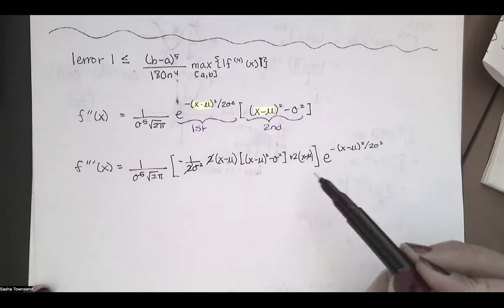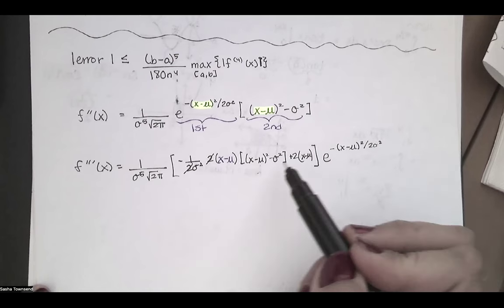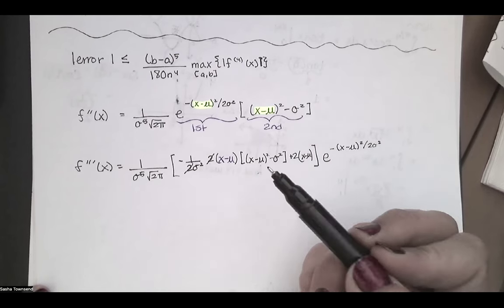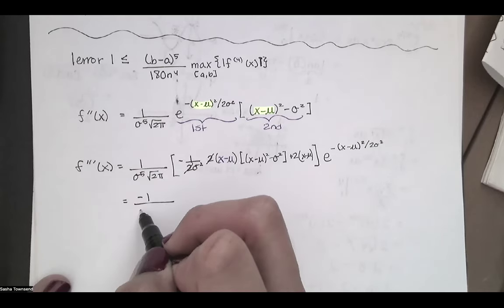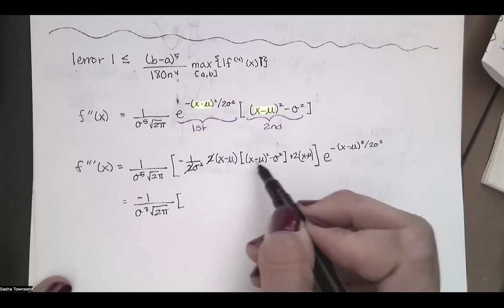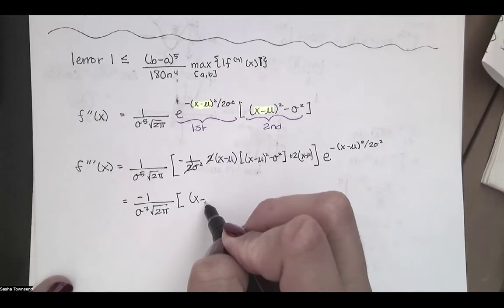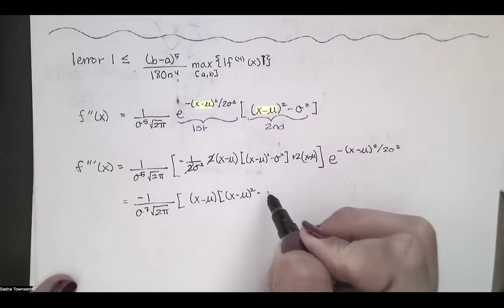Okay, so this is what we've got. Notice I've got an x minus mu factor here and an x minus mu there. I've got this negative 1 over sigma squared here, so I'm going to factor out a negative 1 over sigma squared. It's going to give us a negative 1 divided by sigma to the 7 times the square root of 2 pi, and from here I've got x minus mu times (x minus mu) squared minus sigma squared.